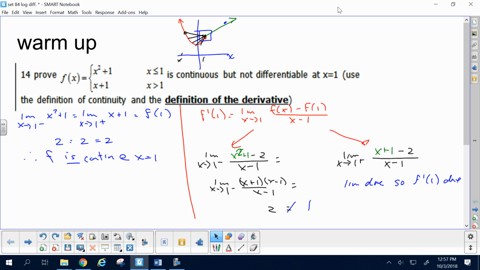Then, if I differentiate, what's the derivative of sine squared x? 2 sine of x, cosine of x. What's the derivative of 2 sine of x? 2 cosine of x. And what's the derivative of all that constant? 0. Now, that said then, this is 2 sine of x cosine of x minus 2 cosine of x.